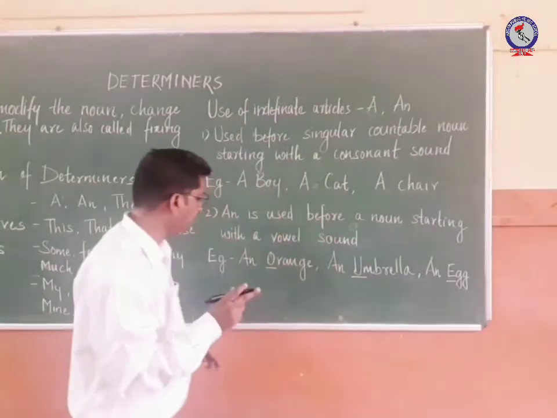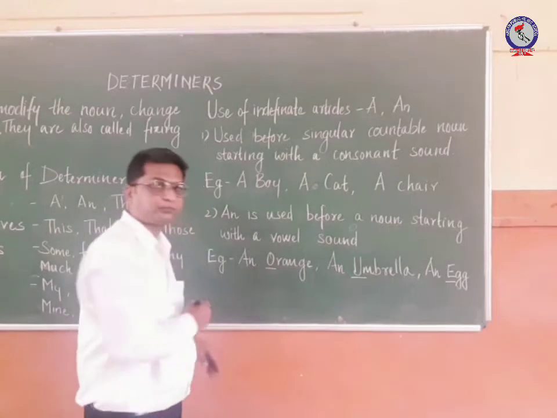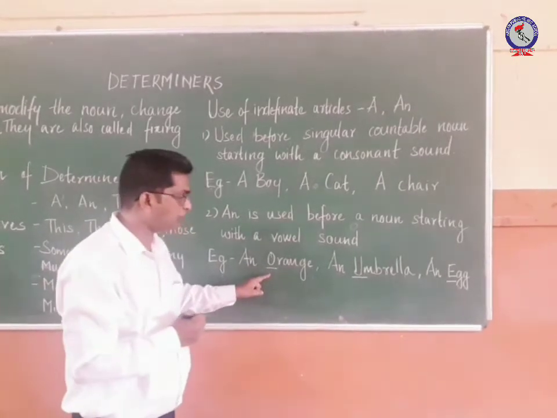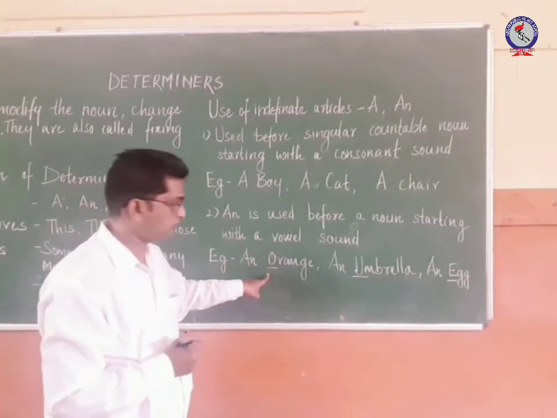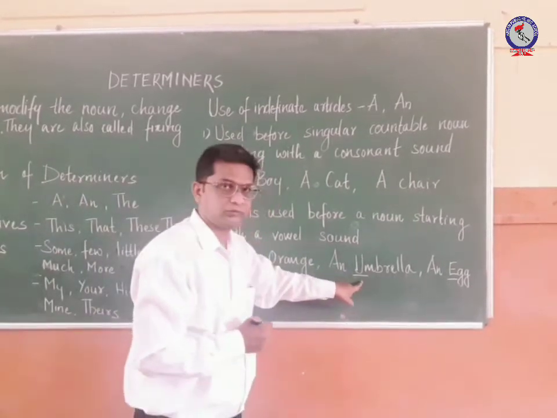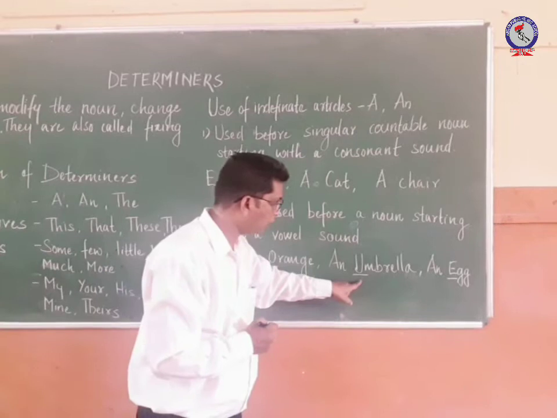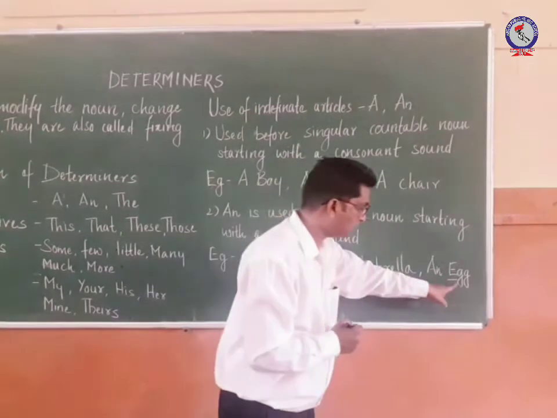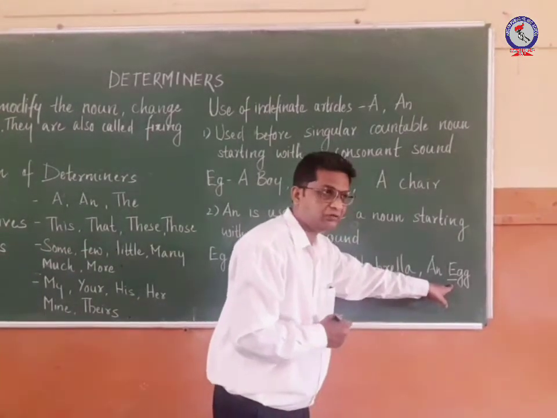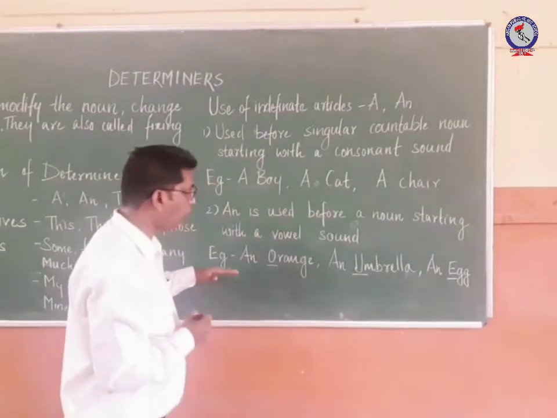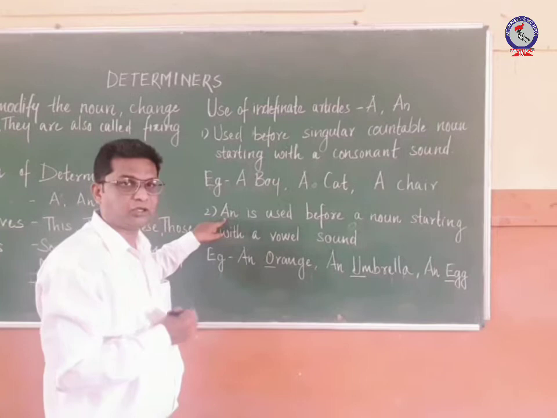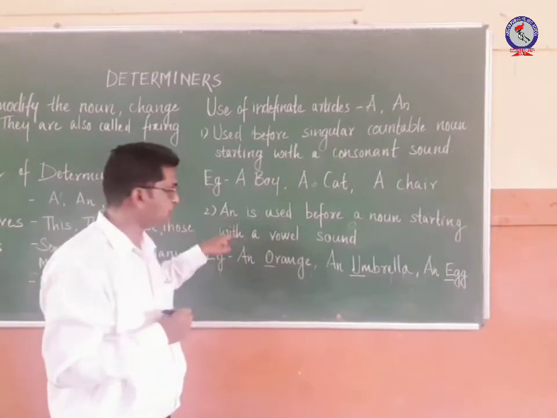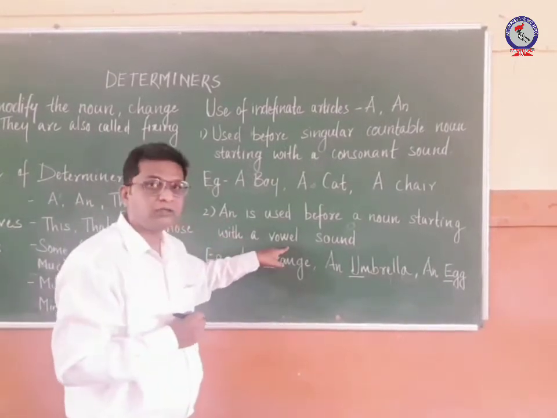You see here, orange starts with a vowel sound. Umbrella starts with a vowel. Egg starts with a vowel. So before all these nouns we will use an, because they are starting with a vowel sound.